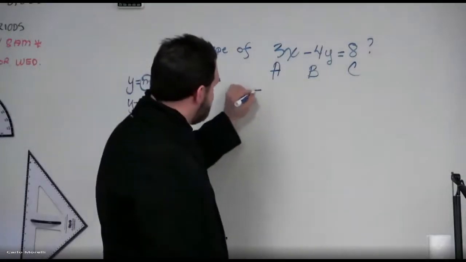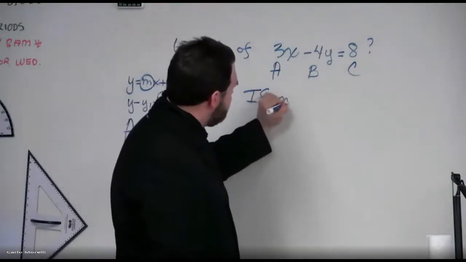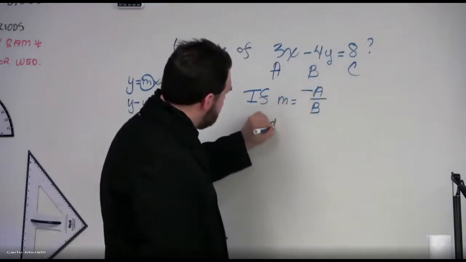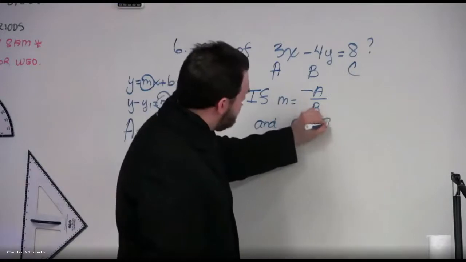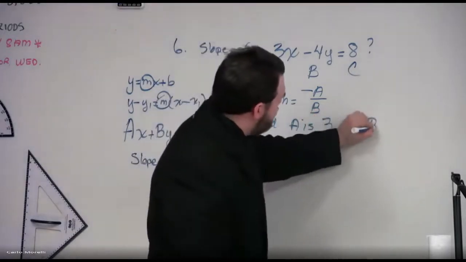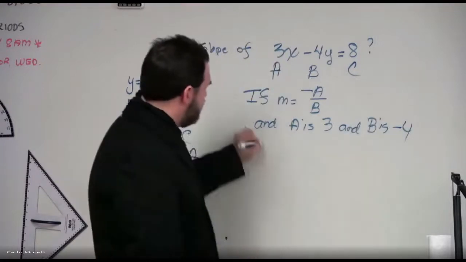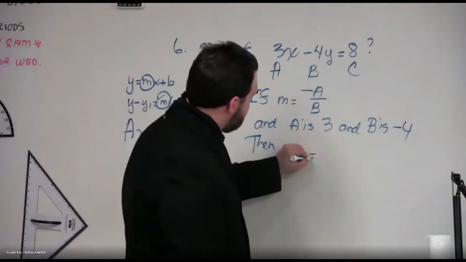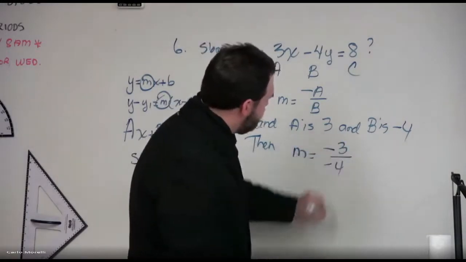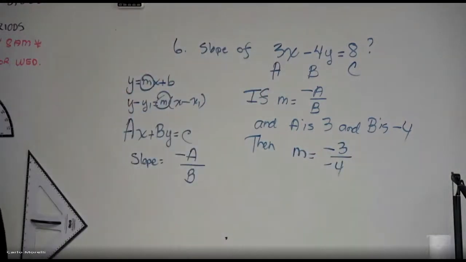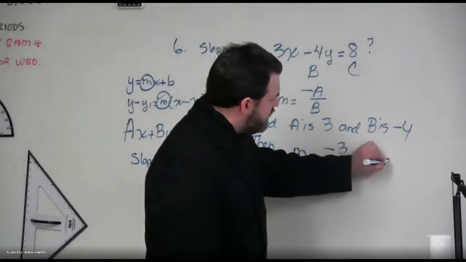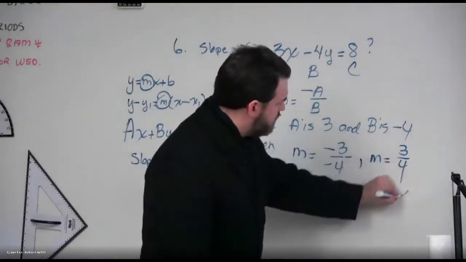So the way you write this sentence is if m equals -a over b, and a is 3 and b is -4, then m equals -3 over -4. Now, a negative over a negative is a positive. So you can say m equals 3 over 4.